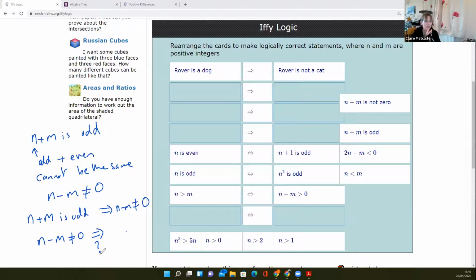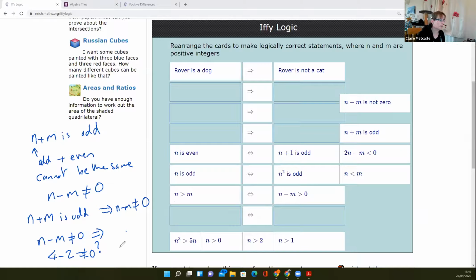Okay, so somebody suggested 4 minus 2 is not 0. I'll agree that 4 minus 2 is not 0. Does that complete the counterexample? So 4 minus 2 is not 0. But there's one more step that we need to do to finish off our counterexample. Brilliant, yes.